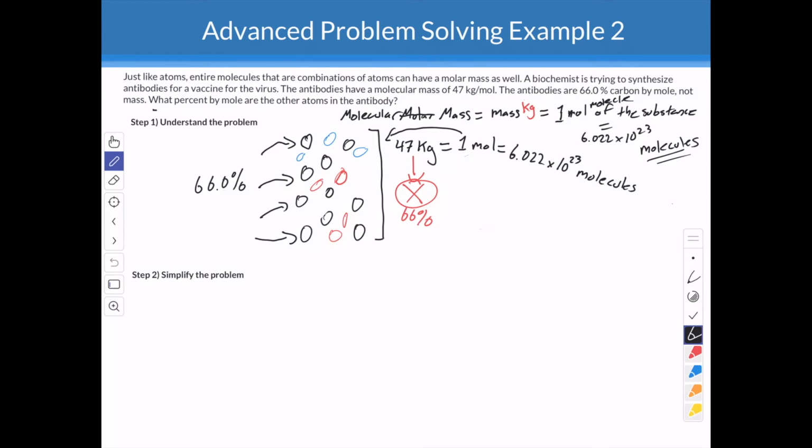Now we need to know what percent by mole are the other atoms. So everything else.